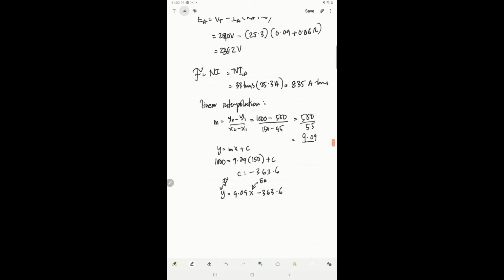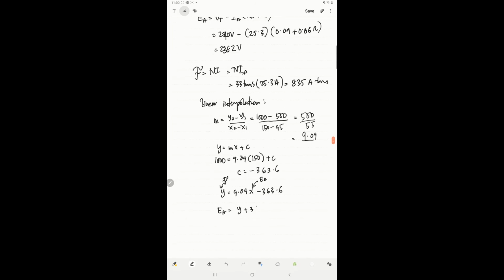If we want to know how much EA is, we simply rearrange the equation: y plus 363.6 divided by 9.09. So the magnetomotive force that we calculated is 835, plus 363.6, divided by 9.09, which gives you the answer of 134 volts.